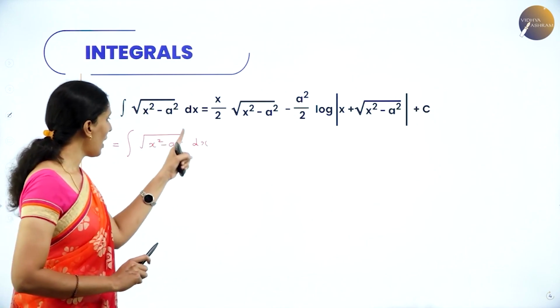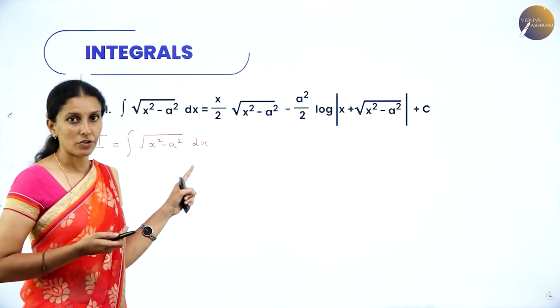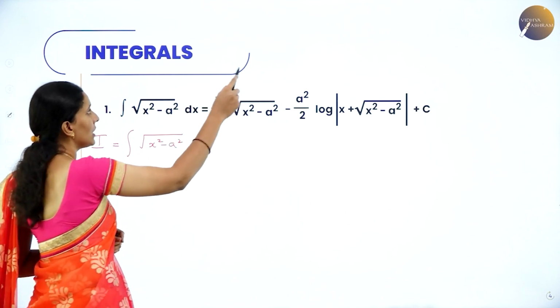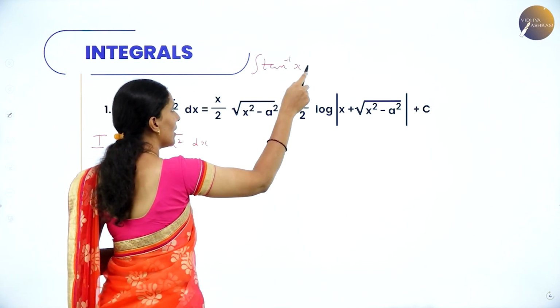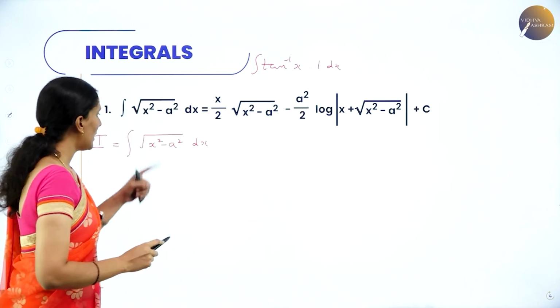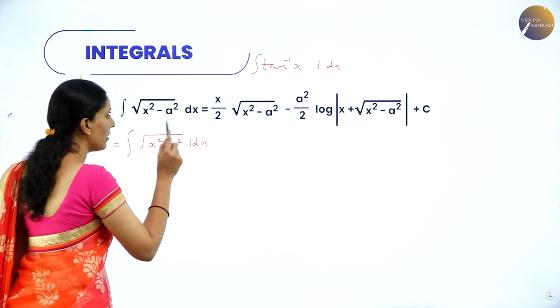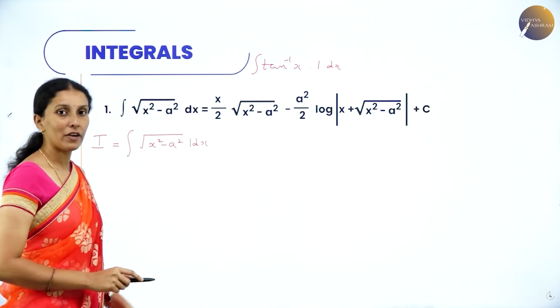Now again here we have only one function. So when you want to apply integration by parts, you need one more function. For example, we have taken integration of tan inverse x with respect to dx, and there we have considered 1 into dx. So here also I'll take this as into 1 with respect to dx. Now I have two functions, first function and second function is 1.